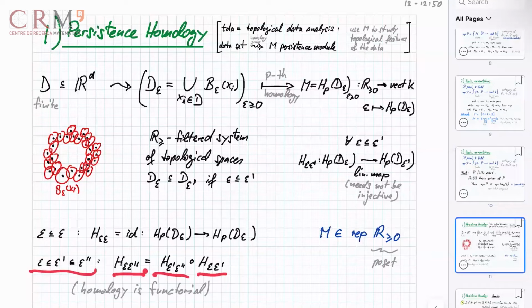So homology is a functor. It automatically satisfies the conditions that we need in order to say this is a representation of a poset. I didn't write this before; maybe you were assuming it automatically. So really, homology is a representation of the poset of the non-negative real numbers. Okay. Good. Question?